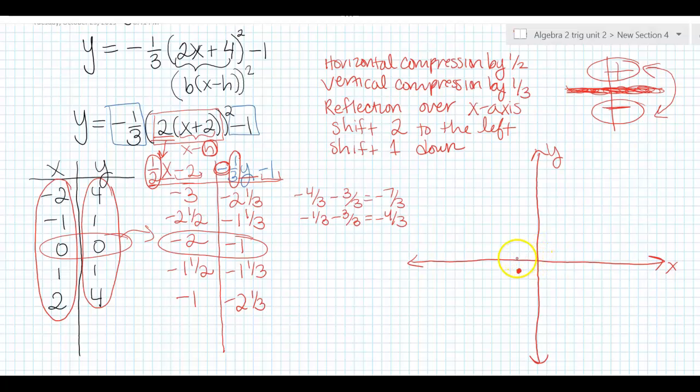So then -2 1/2, -1 1/3, -1 1/2, -1 1/3, -1, -2 1/3, -3, -2 1/3, and I can see the graph of my parabola here. Okay. So in addition to knowing the transformations and being able to get new points by them and list them, we also want to make sure that we can give the characteristics of the graph. So if you have follow-up questions on that, let me know.